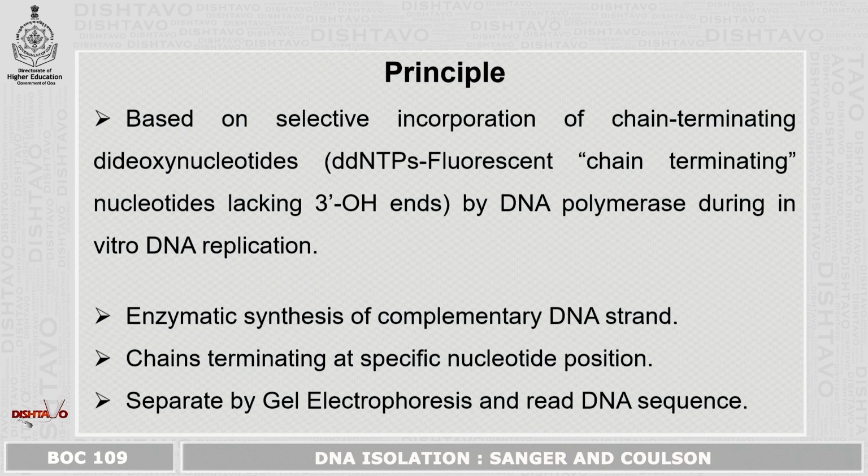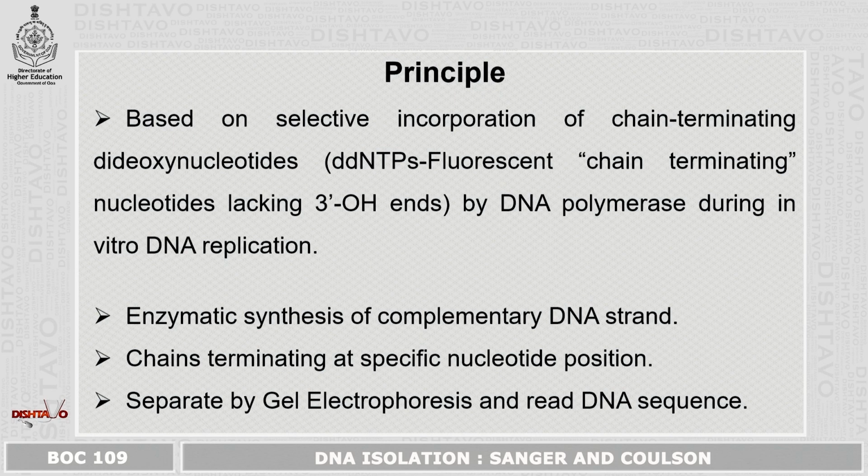Now, the principle underlying this method, that is Sanger's method, is based on the selective incorporation of chain-terminating dideoxy nucleotides. And what are these dideoxy nucleotides, students? They are fluorescent chain-terminating nucleotides, which are lacking the 3' OH ends.